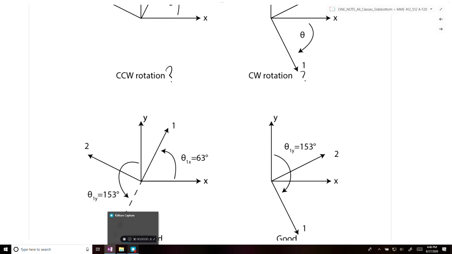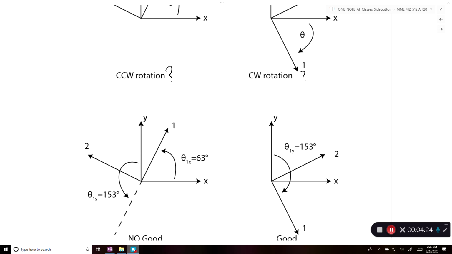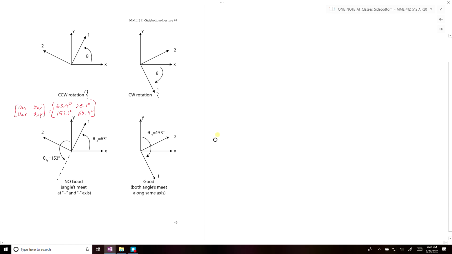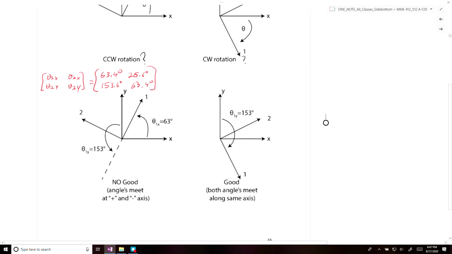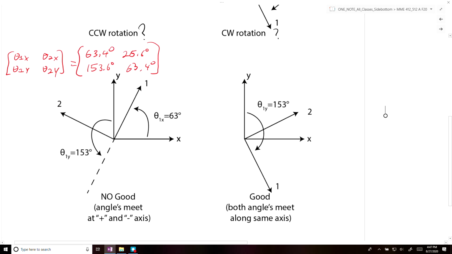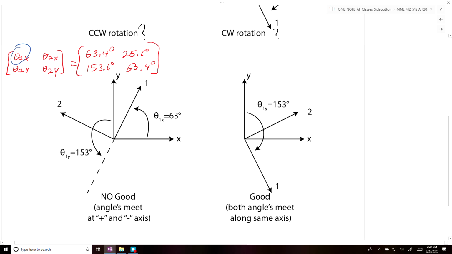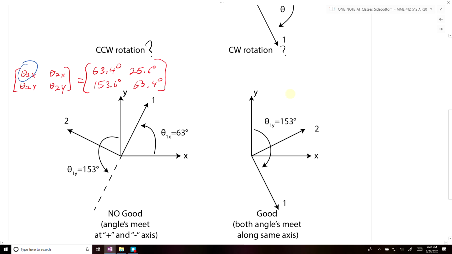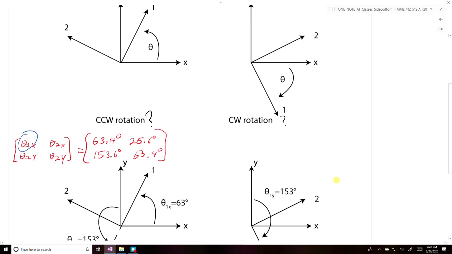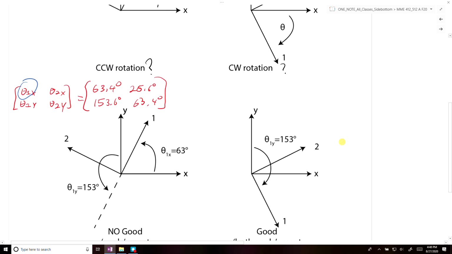Now remember, these are the angles that we were given. Theta 1x represents the angle between our first principal axis and our x-axis.